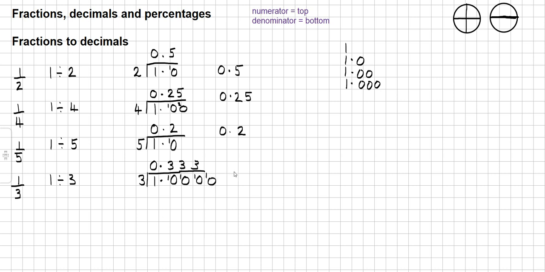So once we recognize that that's happening, we can stop and just write that as 0.3, and we can put a dot above there to show that that is a recurring number. That is just going to go on eternally. Never ending.